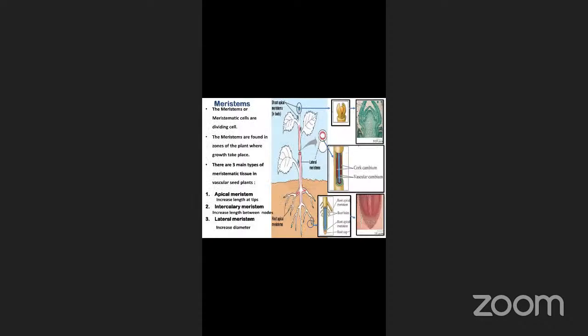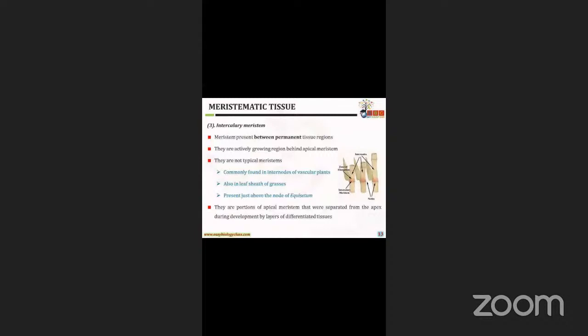Intercalary meristems are not typical meristems. They are commonly found in internodes of vascular plants, also in the leaf sheath of grasses. Present just above the node of Equisetum. That is the information on intercalary meristems.